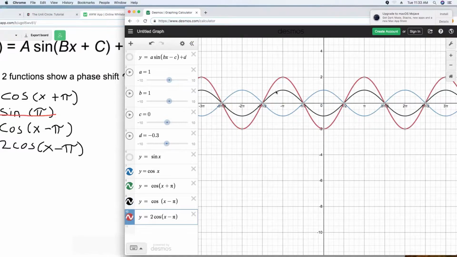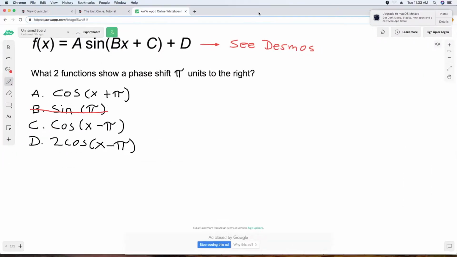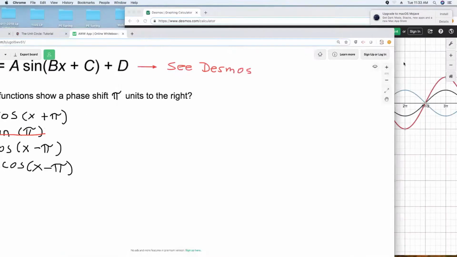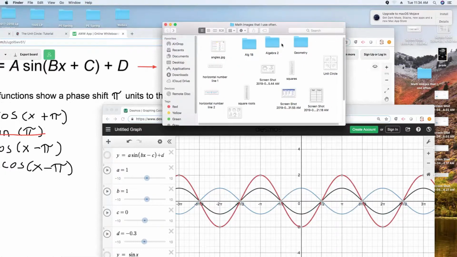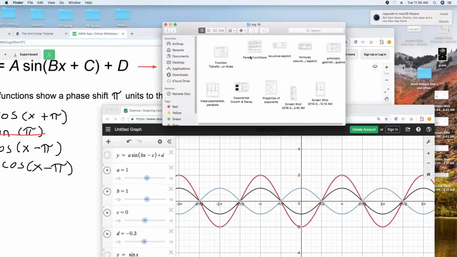Okay, now the amplitude, or how big it is, is different. Like how wide it, not wide, how tall it is different. But if you notice, it's also right here at pi. All right, so now, if Desmos does not help you with that, now we gotta look at the formula. Where is my function transformation formula? Oh, there we go.